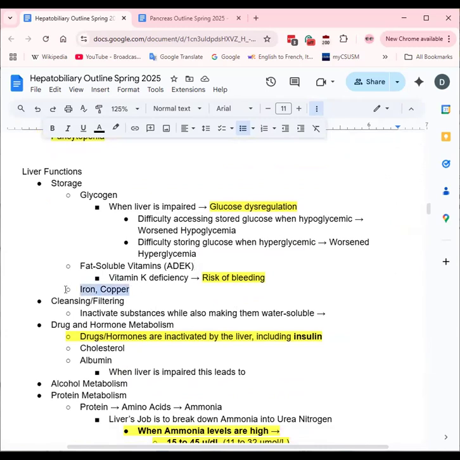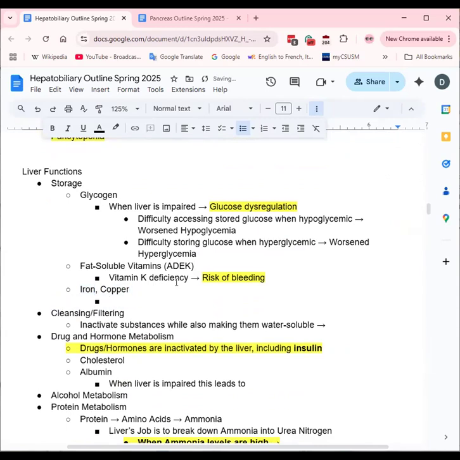There is also impairment in storage of iron and copper, but for now, don't worry so much about it. Though with iron, when you're lacking iron, what kind of deficiency do you get? Yeah, anemia. So iron deficiency anemia makes that risk of bleeding even worse.